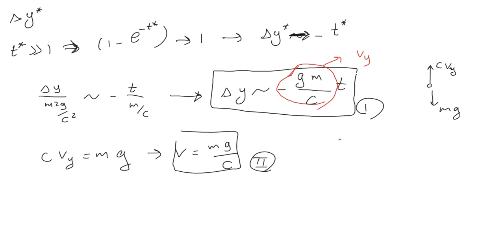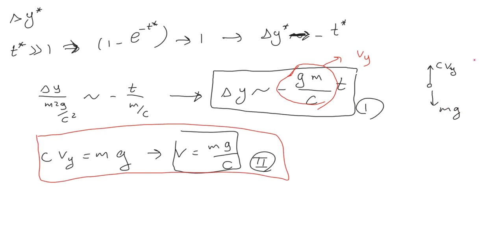So our scaling analysis actually told us what the terminal velocity is. This is quite interesting that without calculating this part, we could mathematically infer what the terminal velocity would be.